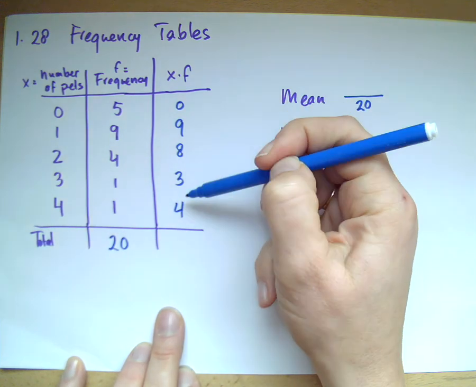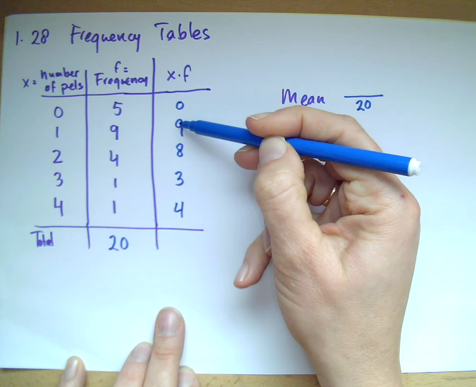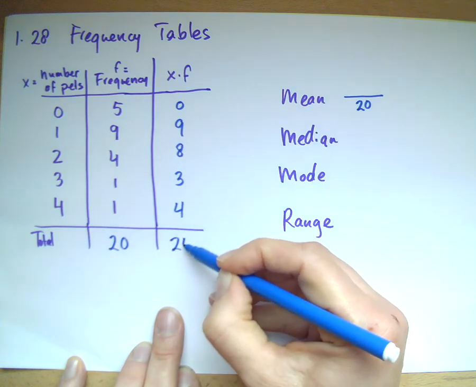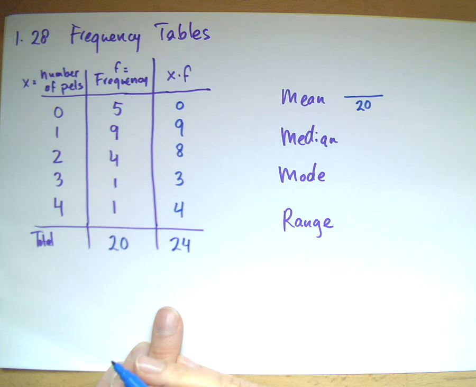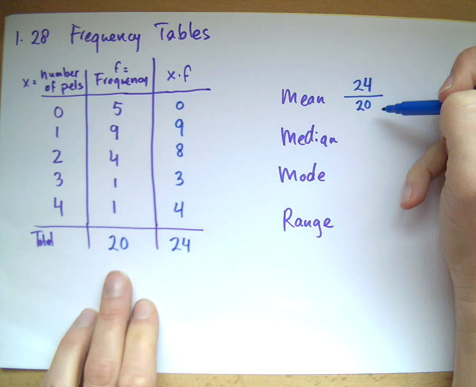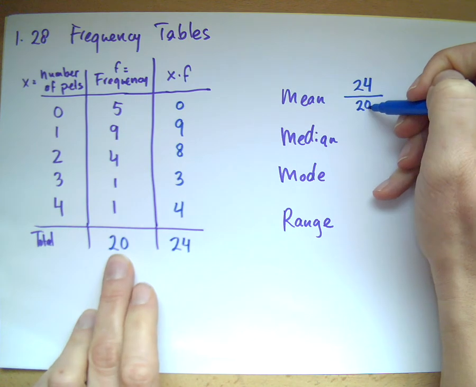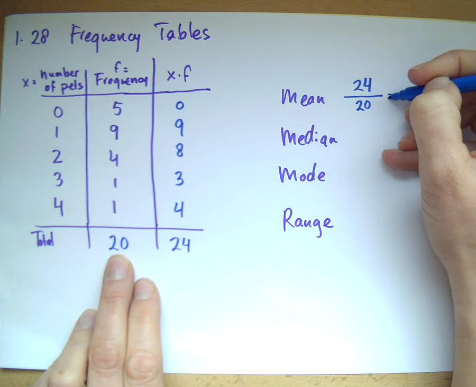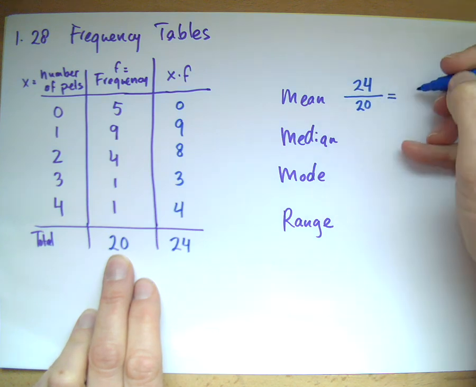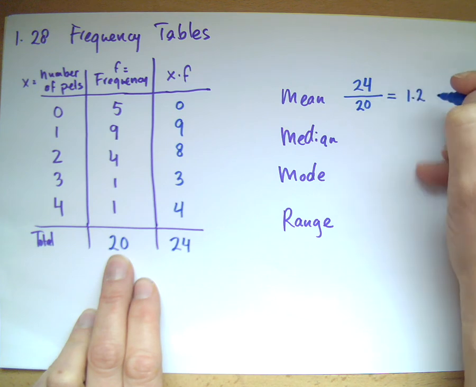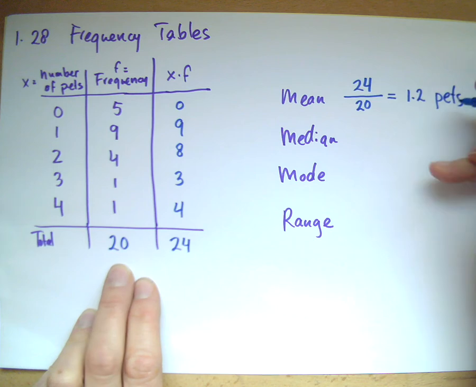Add up all these pets together, 7 and 17 is 24. They had 24 pets altogether. So 24 pets distributed amongst 20 people. If we were to divide them among them equally, they would each have 1.2 pets.